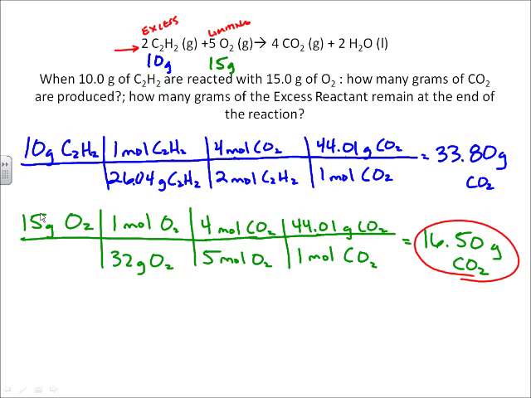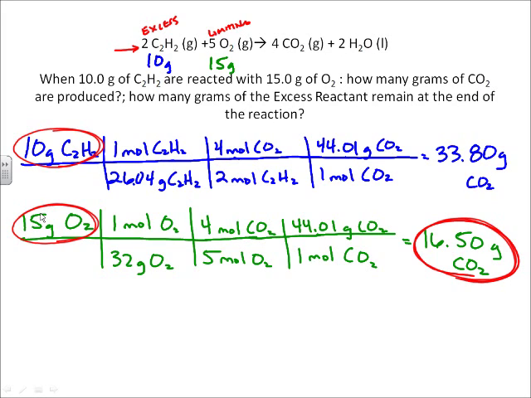You could either use the 16.5 grams of carbon dioxide and solve for how many grams of C2H2 it takes to do this, or you could take the 15 grams of oxygen, rather, and find out how much C2H2 you need.